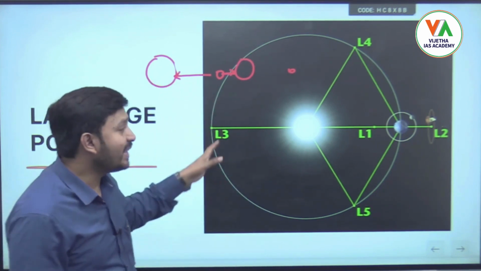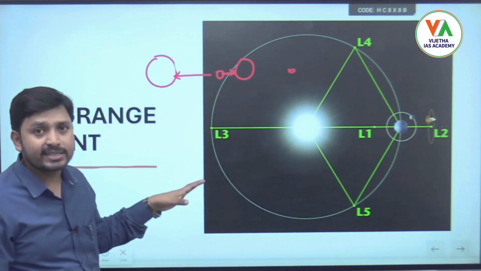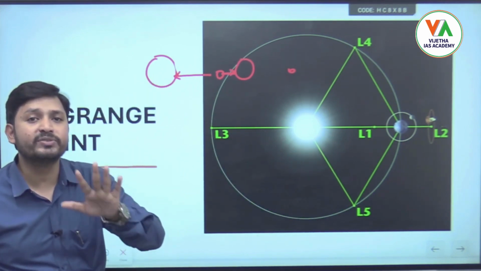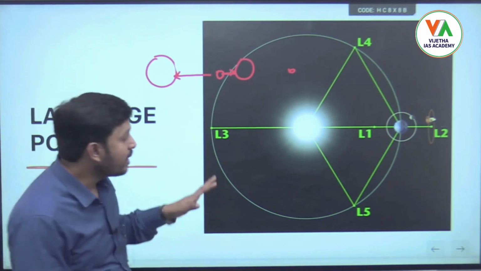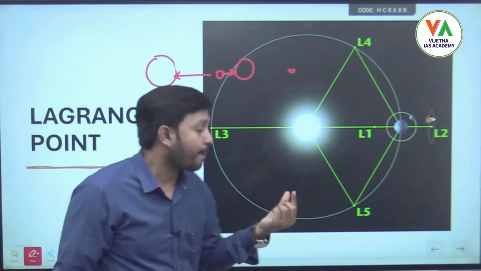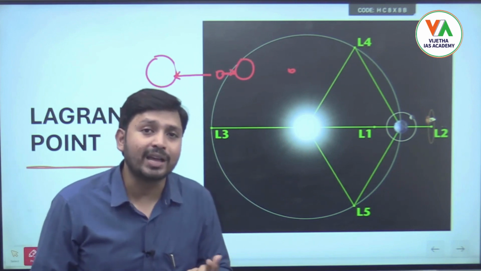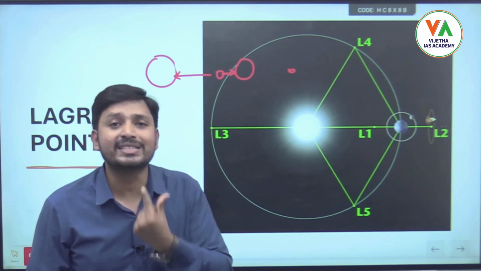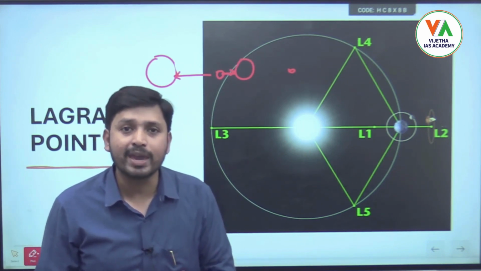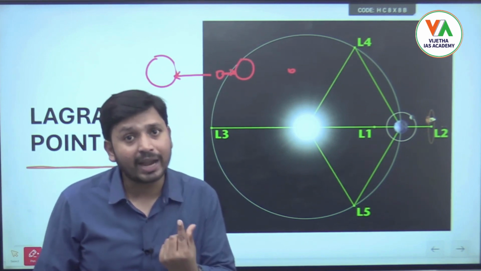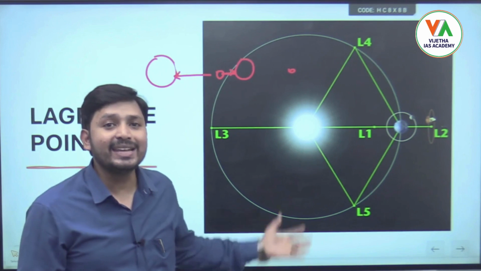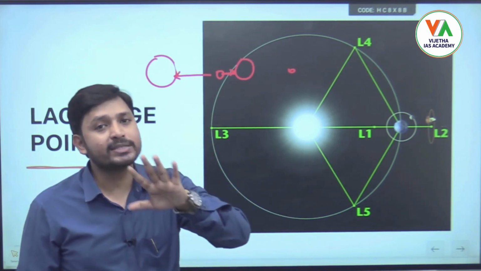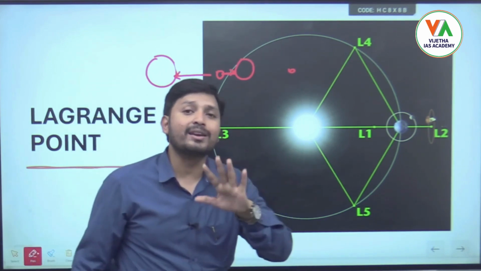In this Earth and Sun system, there are 5 such stable points, called Lagrangian points, where the gravitational force of the Earth and the gravitational force of the Sun are balanced.